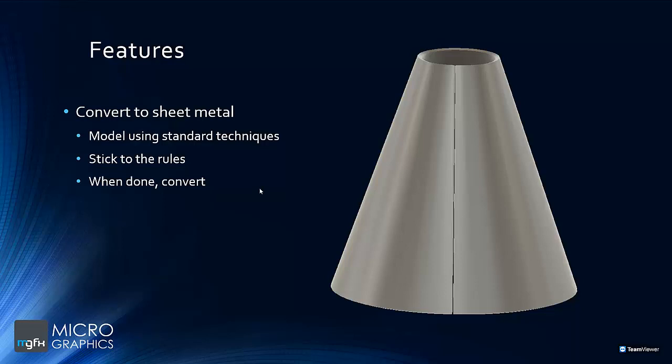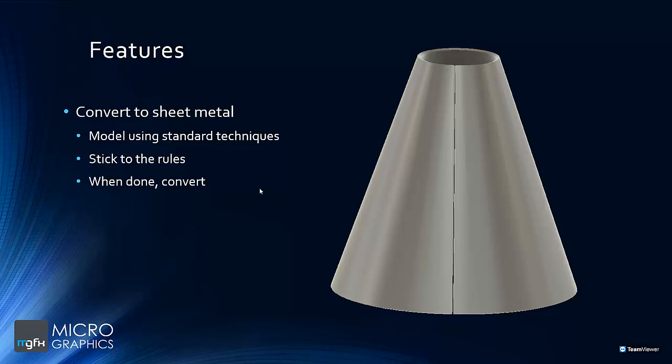Another feature that we have in Fusion 360 is a convert option. What you can do is create more complex features using standard modeling techniques. However, you do need to remember to stick to those Fusion 360 sheet metal rules that were mentioned in the earlier slides.